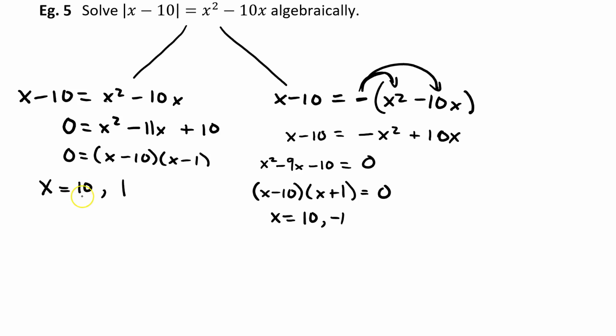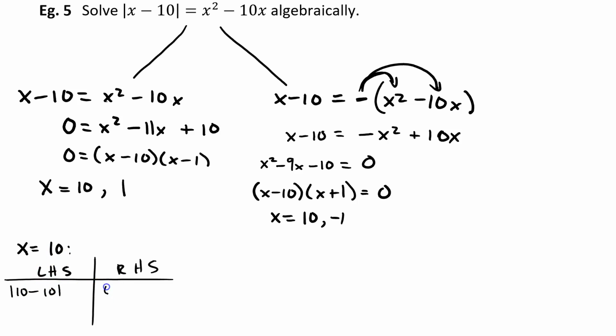Alright, and so now comes the verification party. So we have literally 3 distinct solutions that we need to check. So x equals 10, which happens 2 times. Left hand side, right hand side. I'm going back to the original equation. So we have the absolute value of 10 minus 10 on the left hand side, because I'm substituting my 10.